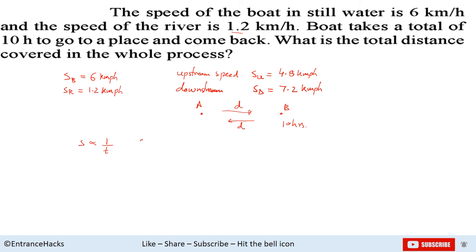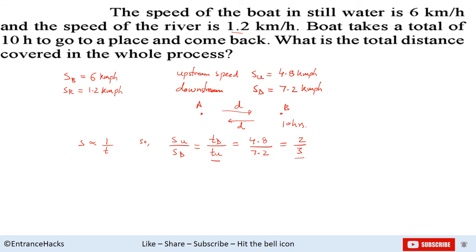So what we'll get: speed of upstream upon speed of downstream would be time of downstream upon time of upstream, right? So that will be 4.8 kmph upon 7.2 kmph is equal to Td upon Tu. This will be 2 by 3, right? So Td upon Tu is equal to 2 by 3.